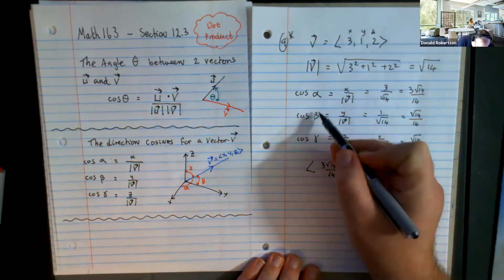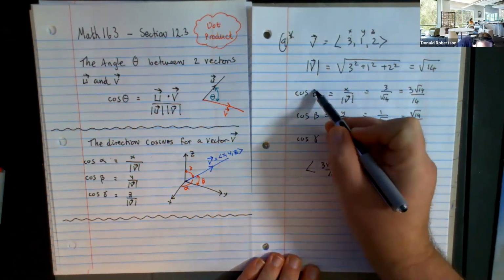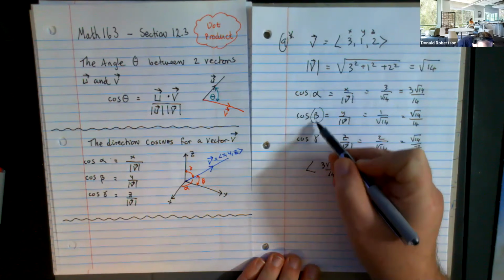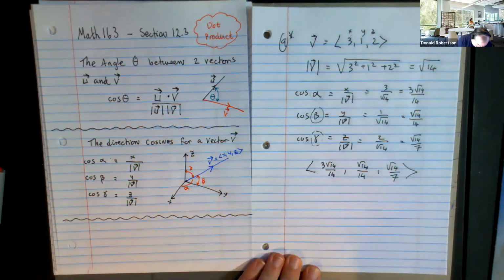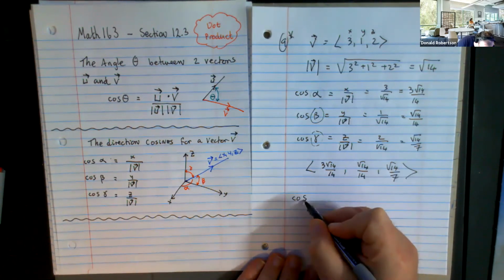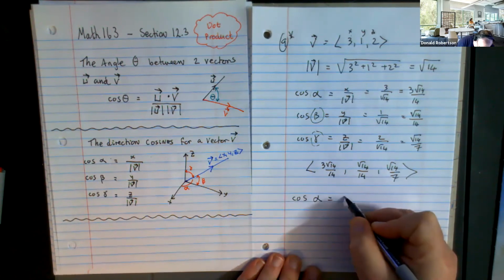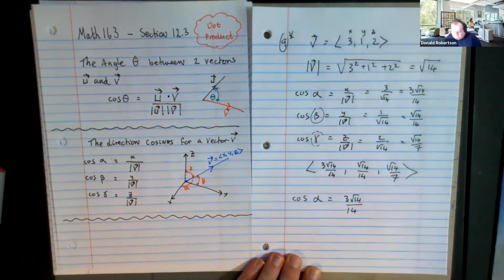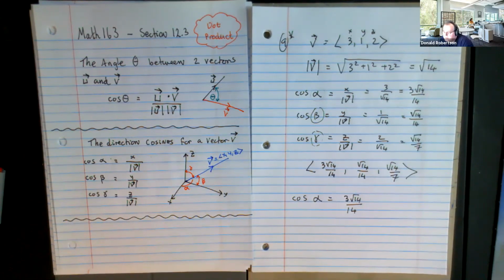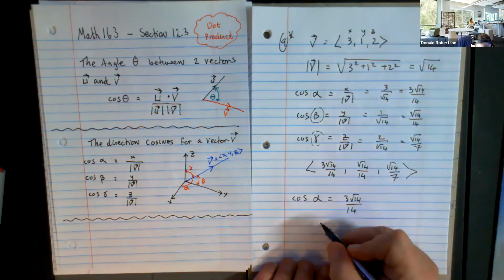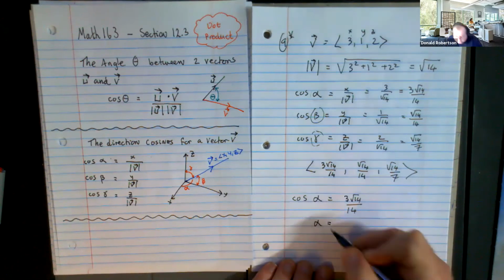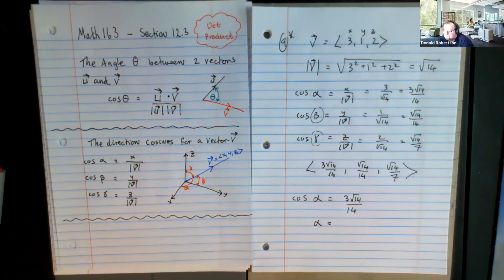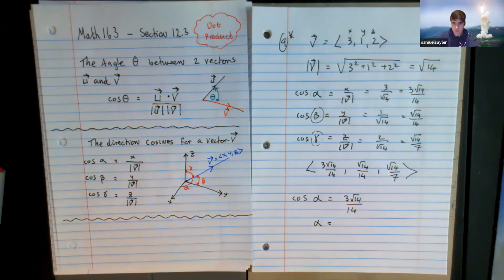Now, the second piece is quite common. Not only do they want to get these, they want to know the size of these angles. I'll just do one. Okay, there's the direction cosine for alpha. Shouldn't take much to figure out how I'm going to get alpha: inverse cosine.